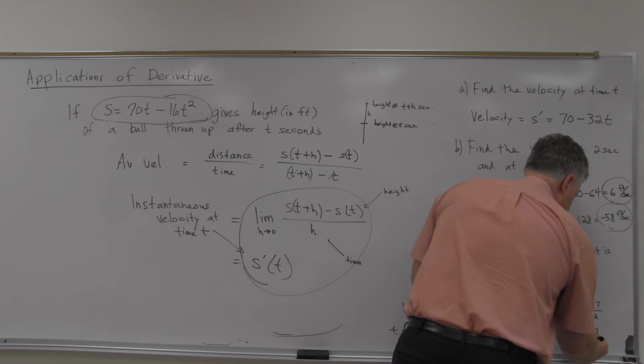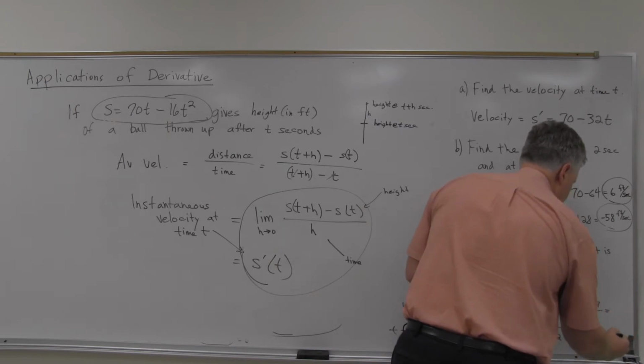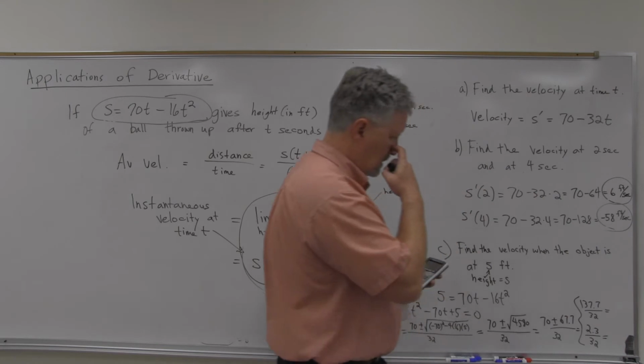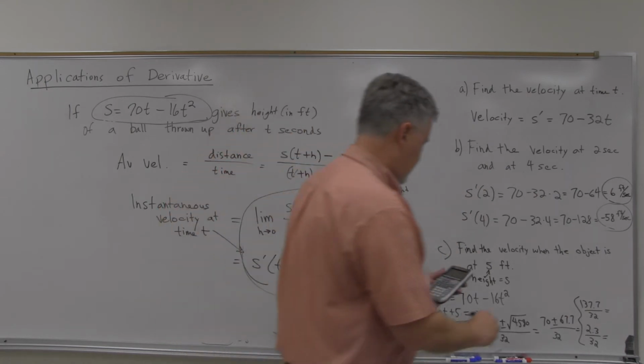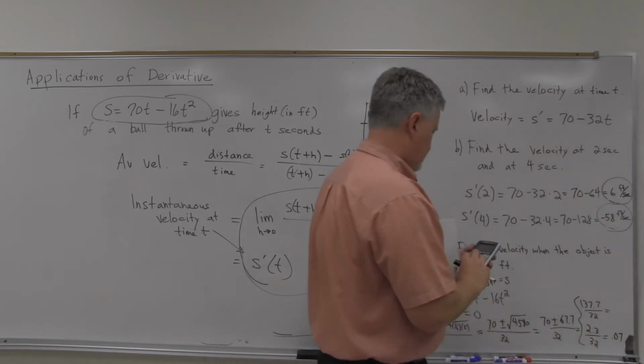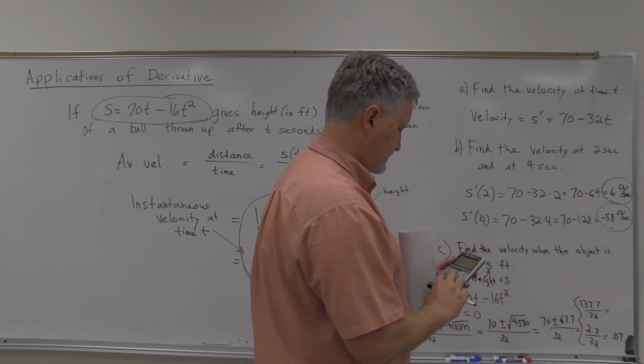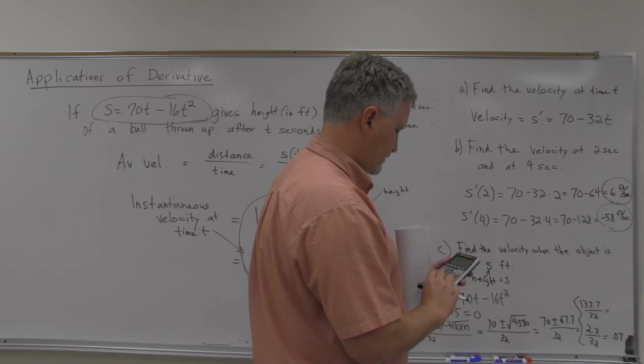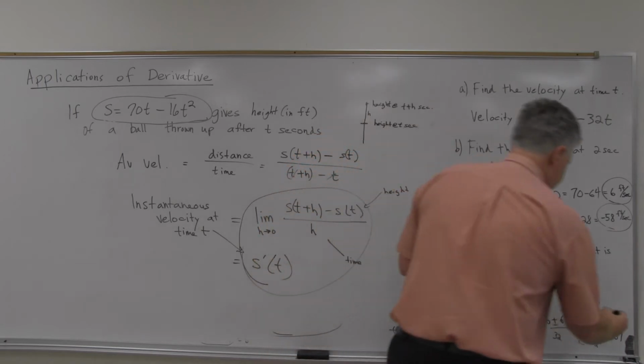That's going to be a small number, about 0.07. And then the one on top is 4.30.